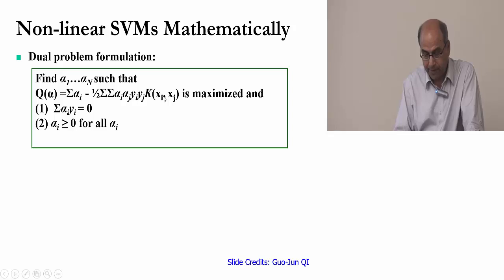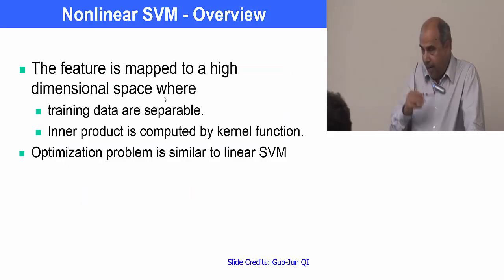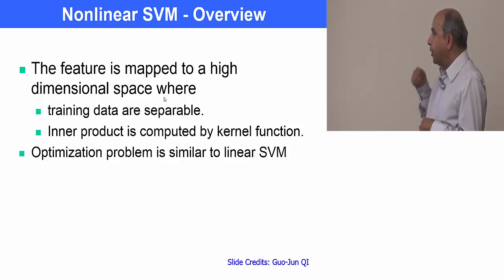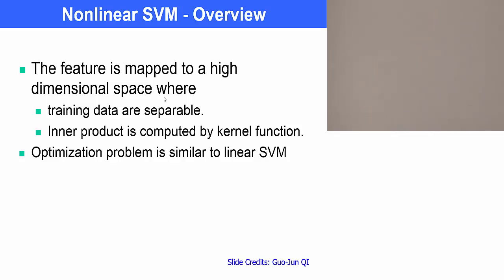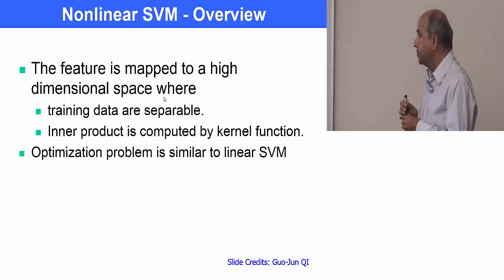Then everything is the same. There's no problem with that. As you saw, we actually don't have to map the features into a higher dimensional space. We just have to know the kernel, and it will deal with the nonlinear SVM.